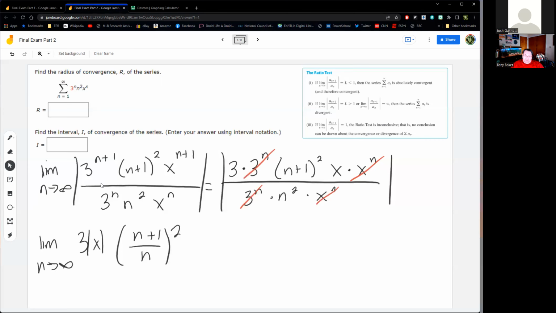So the 3 absolute value of x is going to go out. I don't have to worry about that part there. The limit as n goes to infinity of n plus 1 squared over n squared is just 1. So this limit ends up going to just 3 absolute value of x.